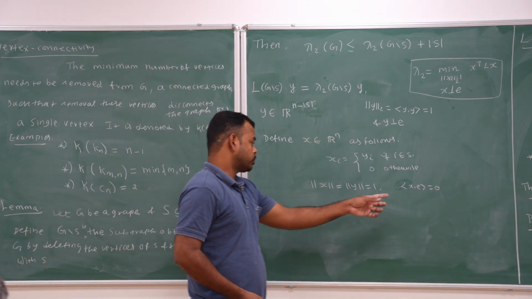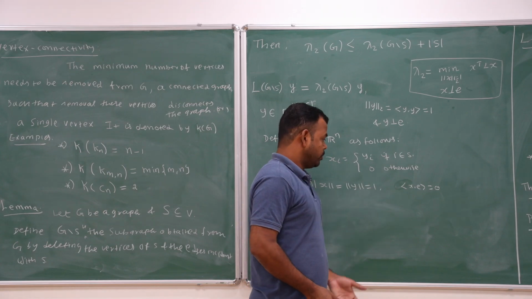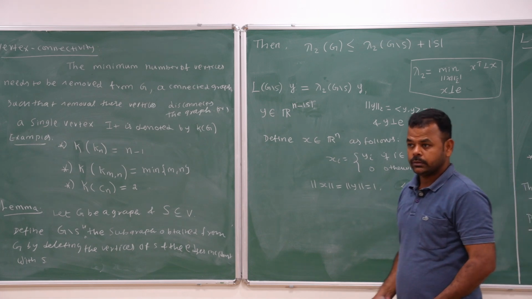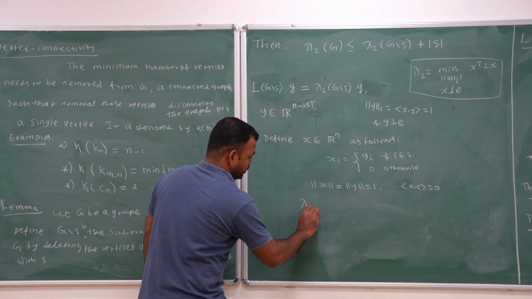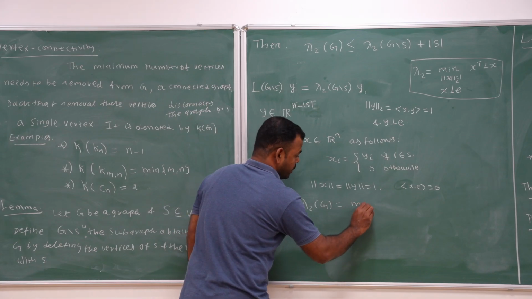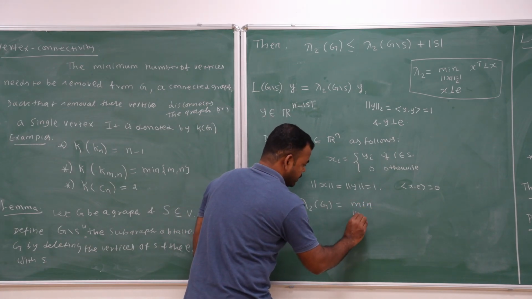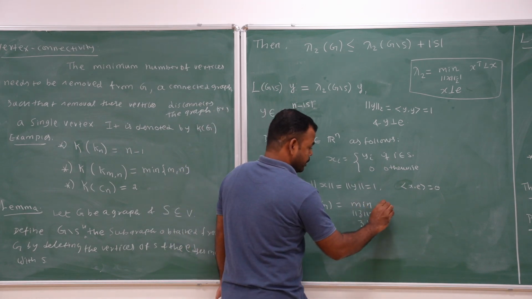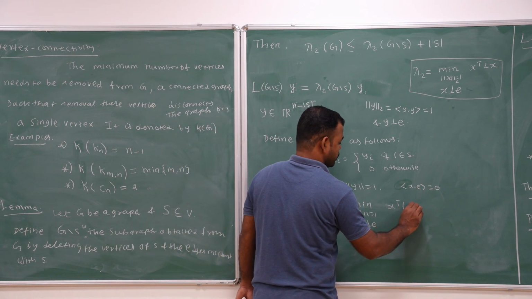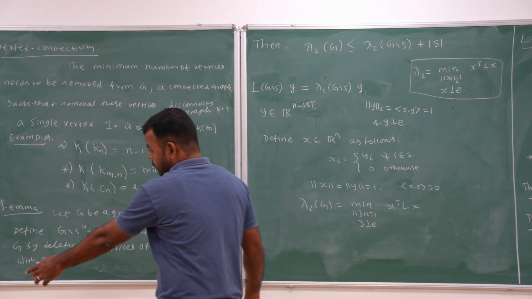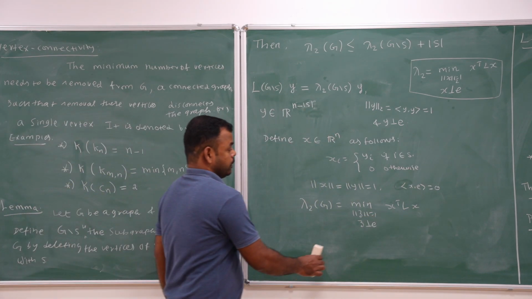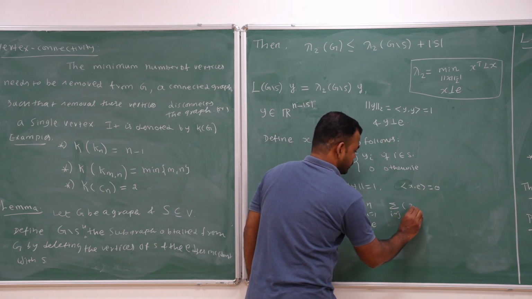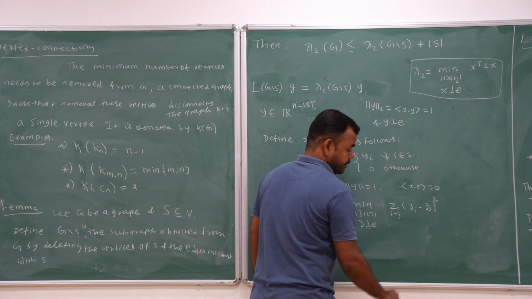So I have a vector which is orthogonal to the all ones vector and has norm equal to 1, hence I can use the variational characterization of the second smallest eigenvalue of G. So lambda 2 of G is equal to the minimum over z with norm z equal to 1, z perpendicular to the all ones vector in R^n, of z transpose Lz. Z transpose Lz is the same as what we have already derived here: summation over i adjacent to j of (z_i minus z_j) the whole square.